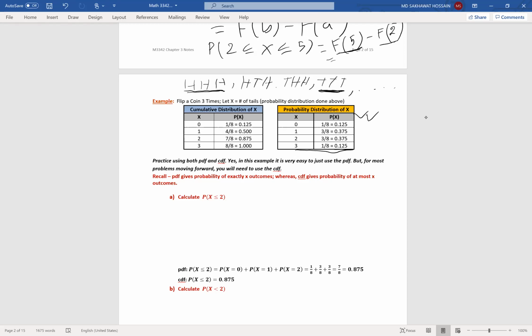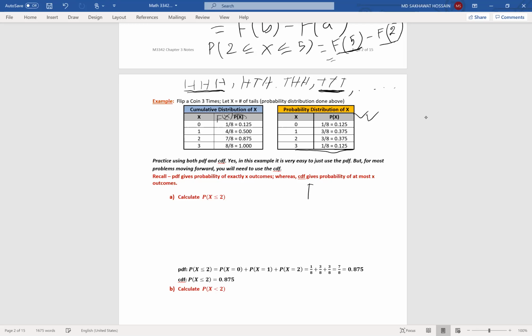It is better to use the notation capital F of X, because usually we use capital F of X for the cumulative probability distribution. The cumulative probability for X equal to 0 is 0.125.